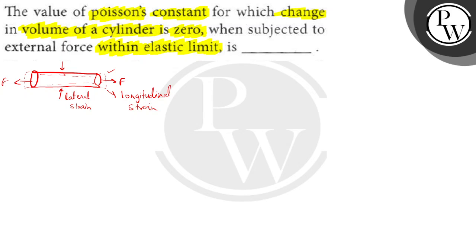The ratio sigma is equal to the lateral strain divided by the longitudinal strain. And this ratio sigma is nothing but the Poisson's constant.